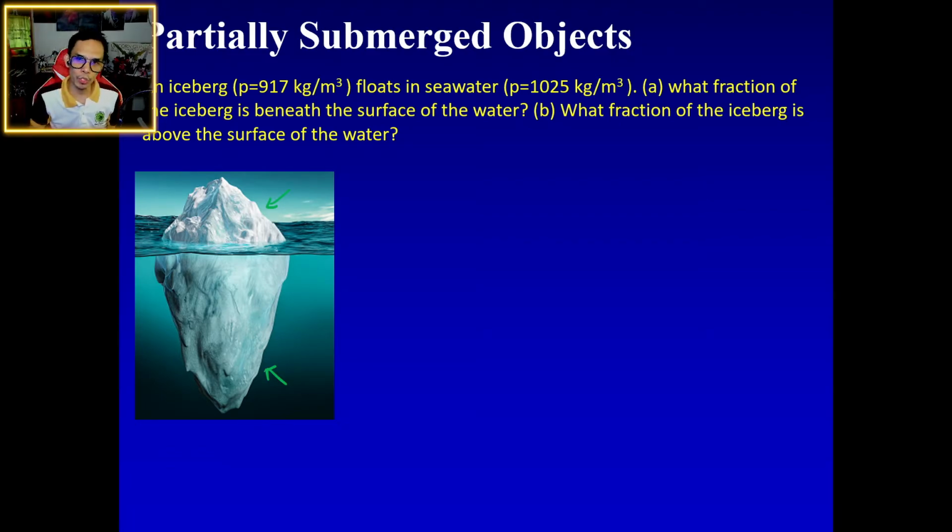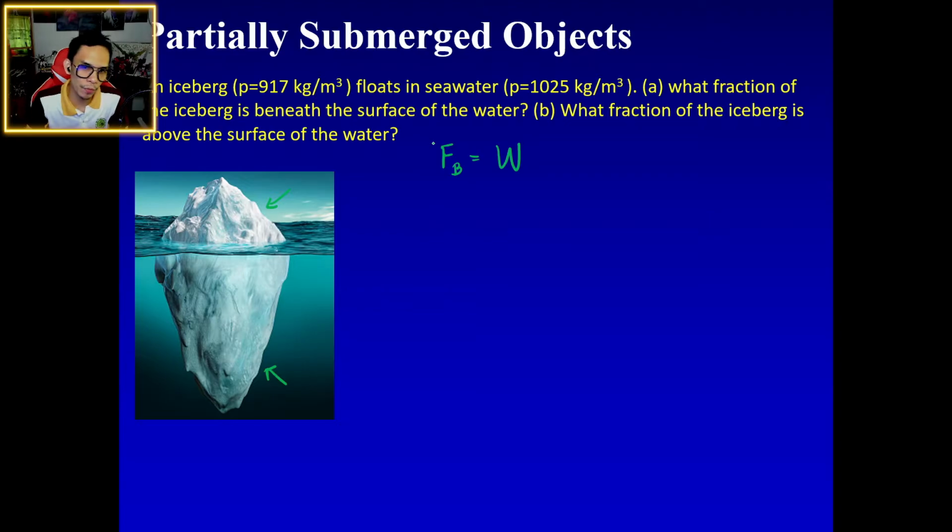Now, in order to solve this one, let's take a look. The iceberg is floating on the water, so it means that the buoyant force is equal to the weight of the object. Now, how do we compute the buoyant force?